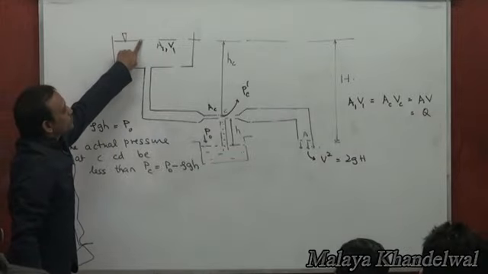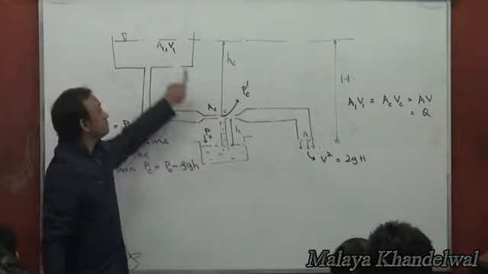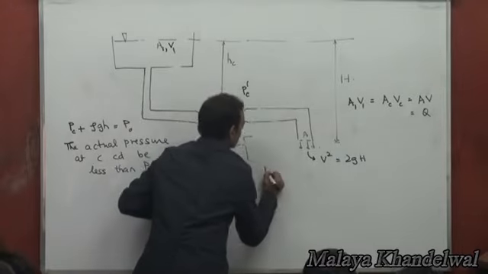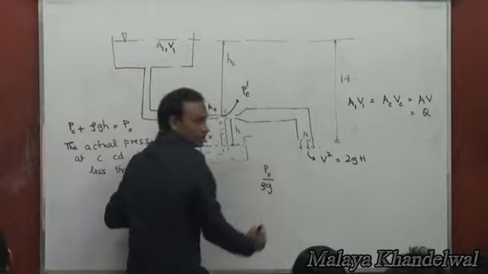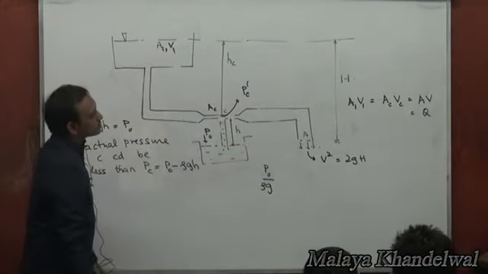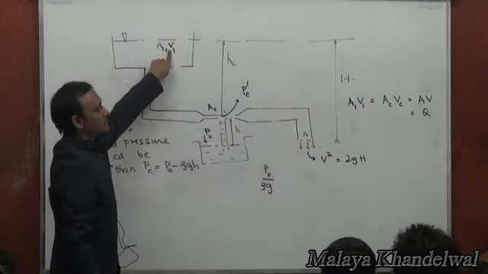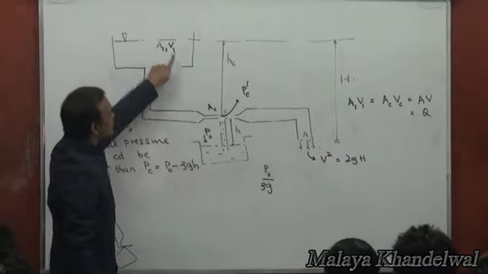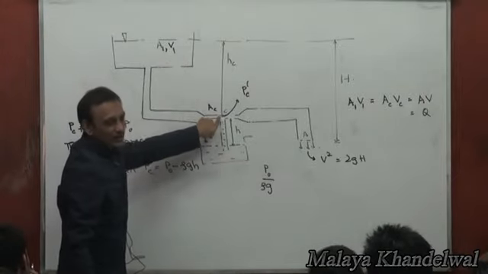Now between this and C, I can apply Bernoulli's theorem. P here is atmospheric pressure, P naught by rho g, plus V1 squared by 2g, which I can neglect, right? V1 is about 0 because this is a very narrow cross section compared to this, so V1 is much smaller than VC.